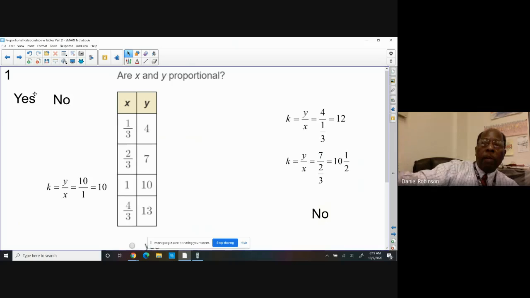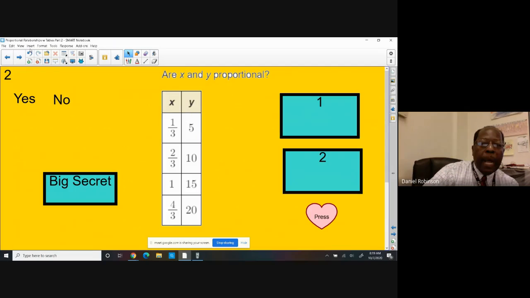All right, let's try another one. Here we have, are these x and y proportional? The first thing I'm going to do is look for the value of 1 to find my constant of proportionality. Since x is 1, y is 15. So I have 15 over 1, which is my constant of proportionality of 15.